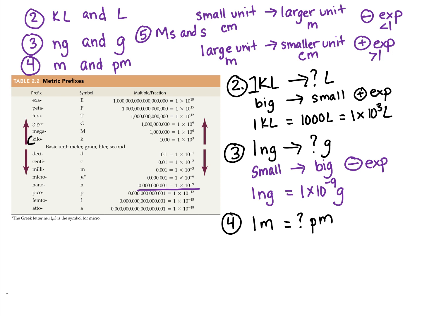All right. So 1 meter is definitely bigger than a picometer. So we're going from a bigger unit to a smaller unit. So our answer should have a positive exponent. It should be big.